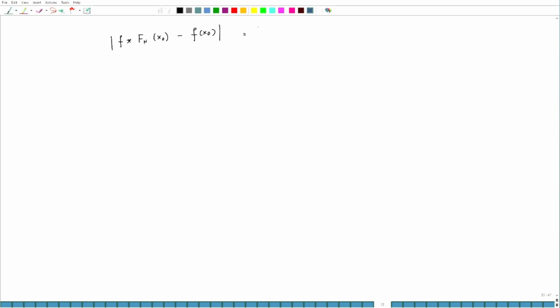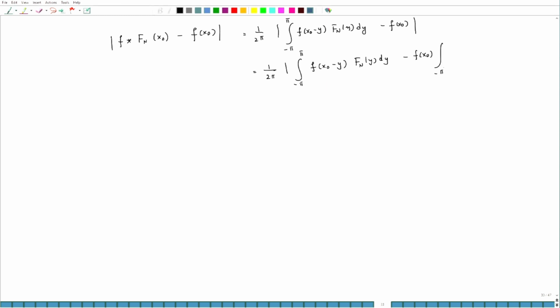This by definition is 1 by 2 pi integral minus pi to pi of f of x naught minus y f n of y dy minus f of x naught. Now, on one side there is an integral, and on the other side there is no integral. So, because we know the integral of f n of x is equal to 1, therefore this is 1 by 2 pi integral from minus pi to pi of f of x naught minus y f n of y dy minus f of x naught times 1 by 2 pi integral from minus pi to pi of f n of y dy.